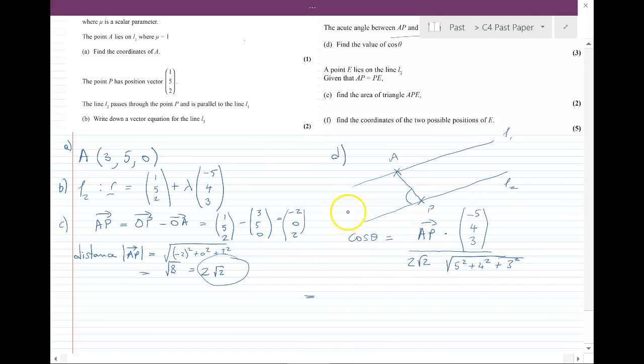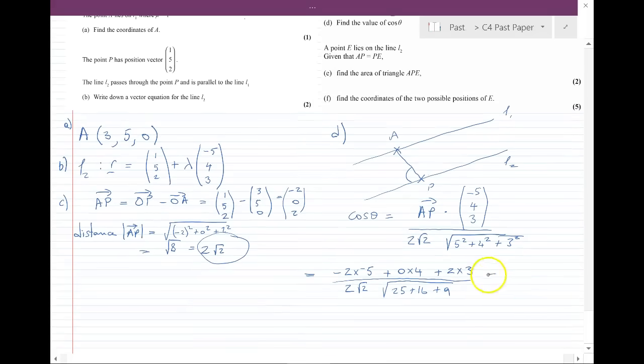So the dot product is minus 2 times minus 5 plus 0 times 4 plus 2 times 3, all over the magnitude of these two, which is 2 the square root of 2 times the square root of 25 plus 16 plus 9. Right, now the top bit works out to be, that's 10 and that's 6, so that's 16.